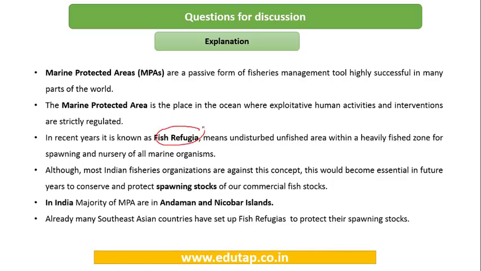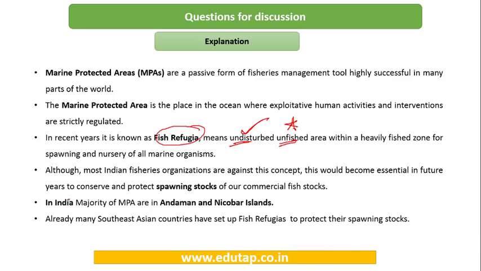So you can say unfished and undisturbed, both these terms are important. You're not disturbing that area, you're not fishing in that area. You're allowing the natural breeding process to take place, because when you disturb that area by fishing, obviously there are disturbances in the normal life cycle that takes place.